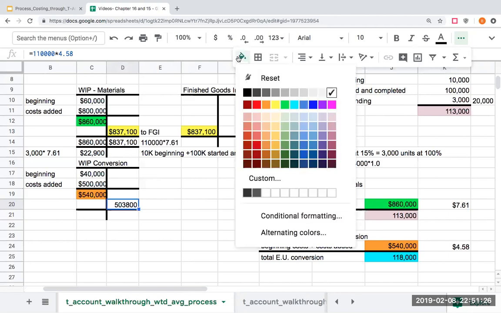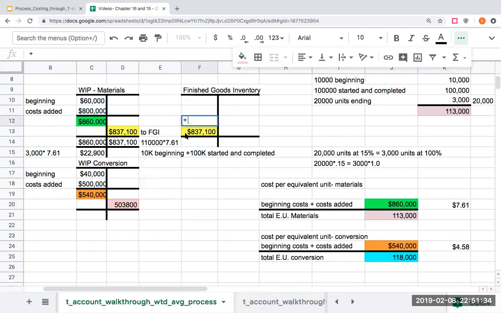And then this over here is what's going to go to my finished goods inventory. And how did I get that number? It's going to be right over here, 4.58 times 110. Again, it's the 10,000 beginning plus 100,000 started and completed. When I go through and add this up in terms of the T account, my ending balance right here is going to be 36,200.